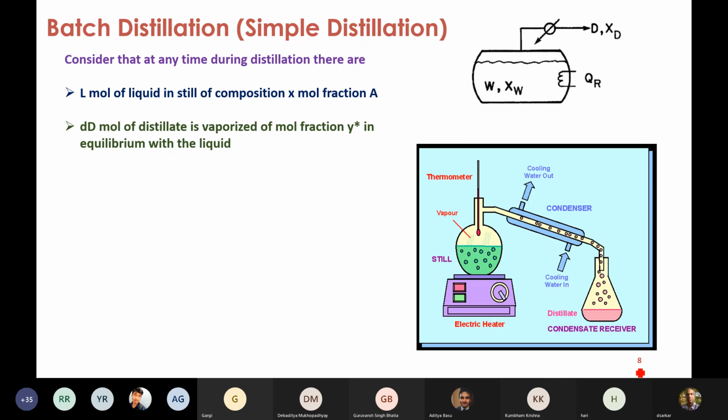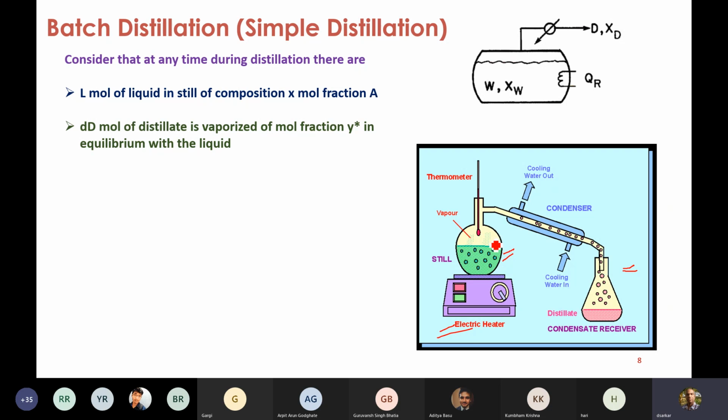So here you have the binary mixture A and B. Initially you charge the still with the binary mixture A and B, and then you heat it up. The vapor that comes out, you condense and collect the condensed vapor here. Now, when you heat it very slowly, we can imagine that the vapor that is generated is in equilibrium with this liquid.